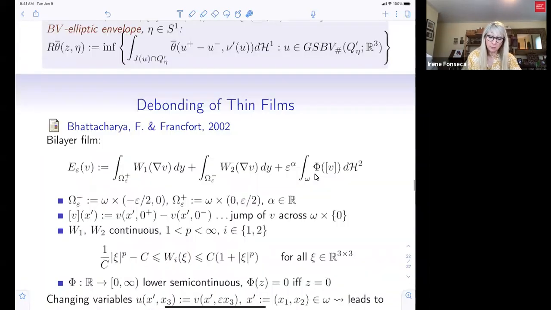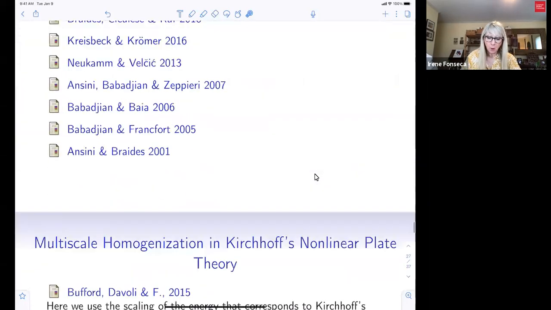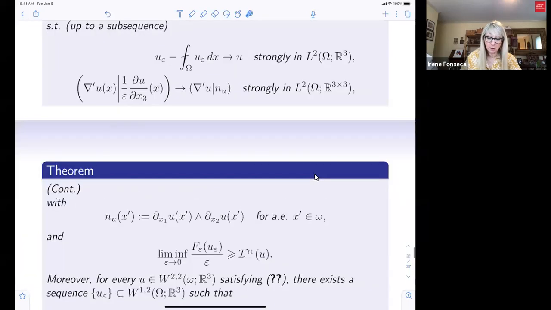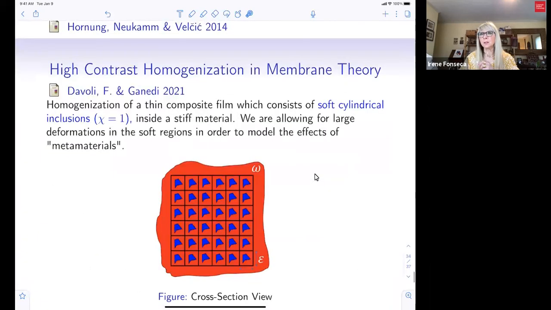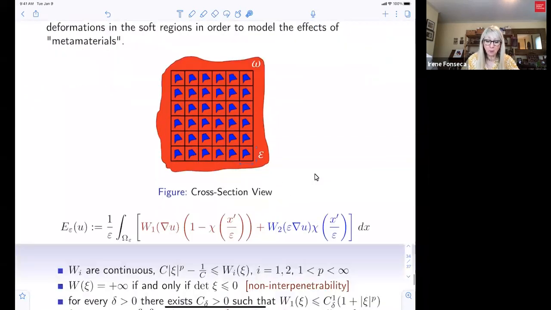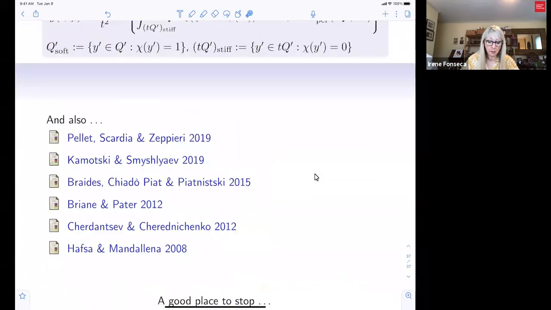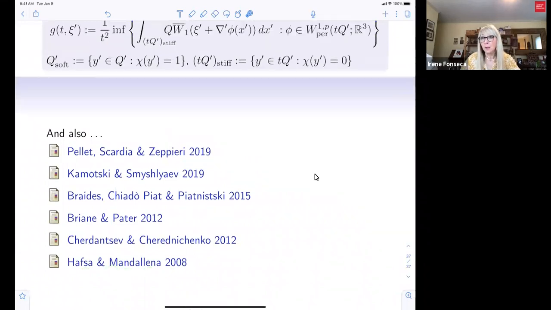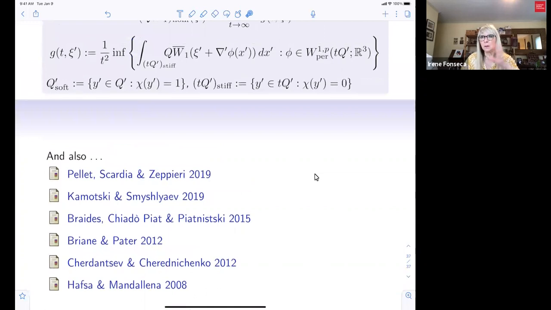For example, what we are doing now with this high contrast homogenization, and there is a little bit of work by Hafsa and Mandallena on problems where they assume that the energy explodes when the determinant goes to zero.